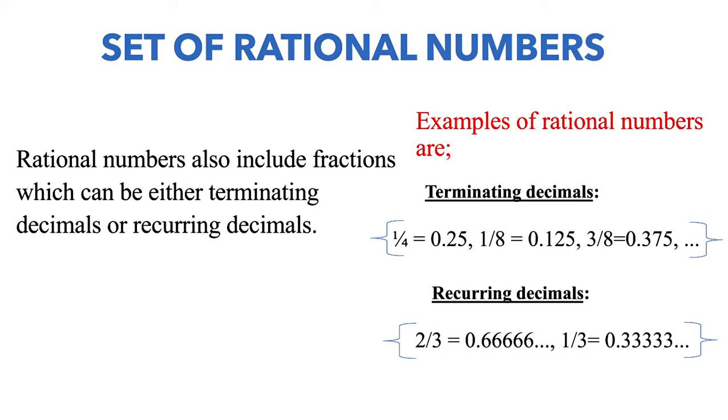As you can see here, they are all repeated digits or patterns. Again, we have 1/3, which gives us 0.33333333. These are called recurring decimals, or you can call them repeating digits. All these are examples of rational numbers.